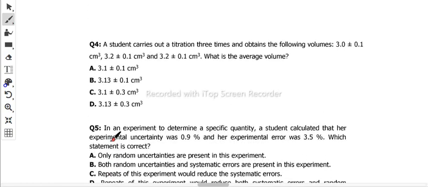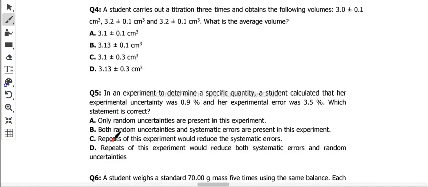Now continuing with more ideas. Question number 4. A student carries out a titration 3 times and obtains the following volumes: 3 plus or minus 0.1 cubic centimeter, 3.2, 3.2, each plus or minus 0.1 cubic centimeter. What is the average volume?